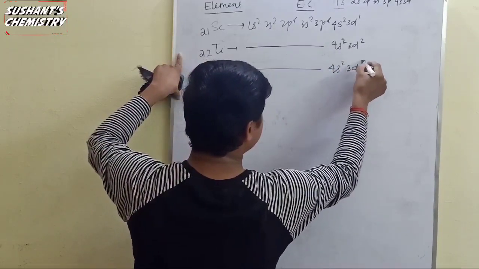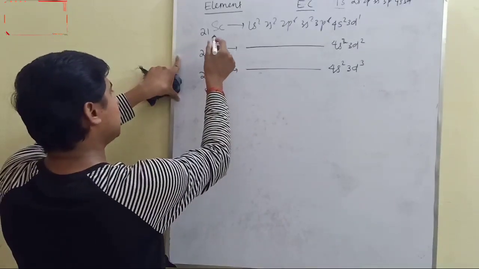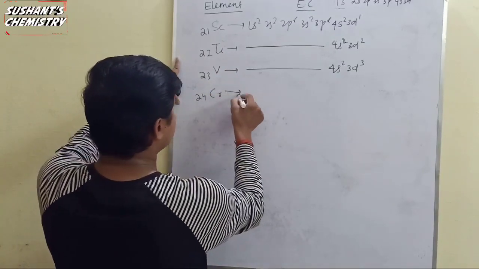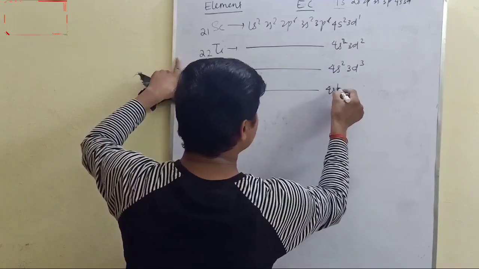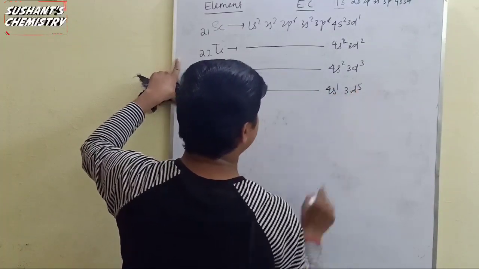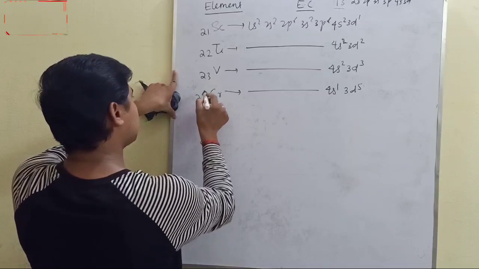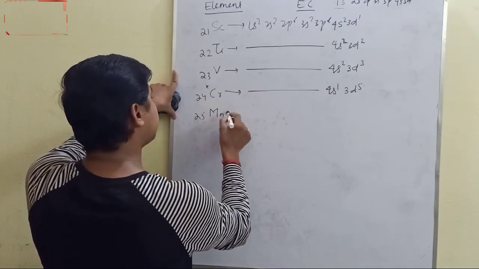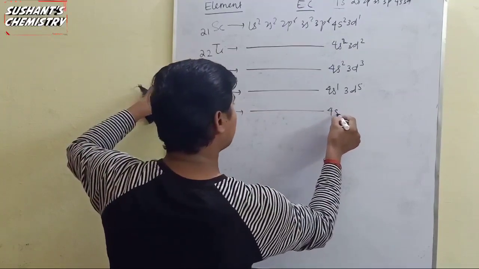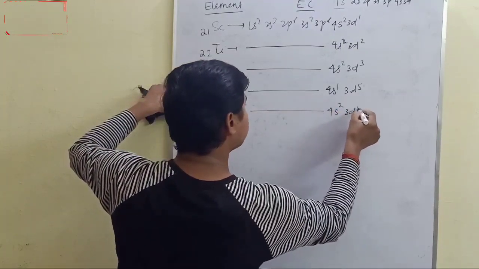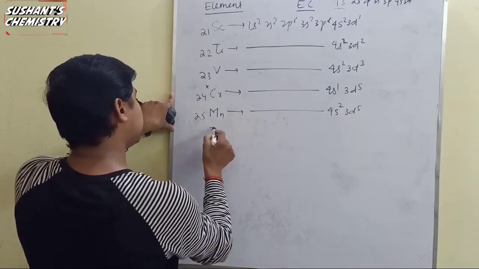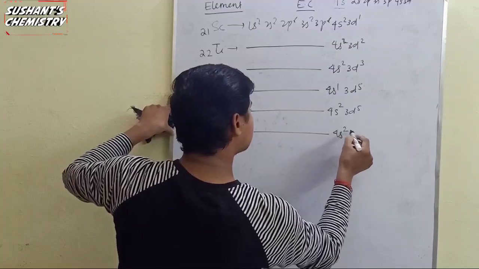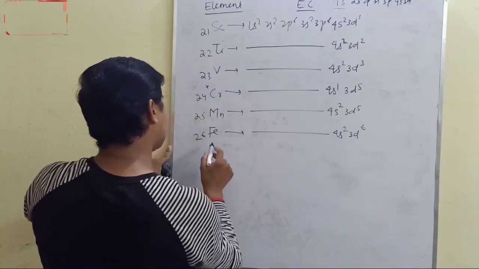4s2 3d3. Similarly, chromium, that is different from other elements, that is 4s1 3d5. Manganese 25, that is 4s2 3d5. Iron 26, that is 4s2 3d6.